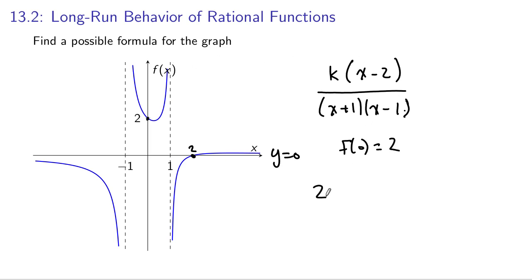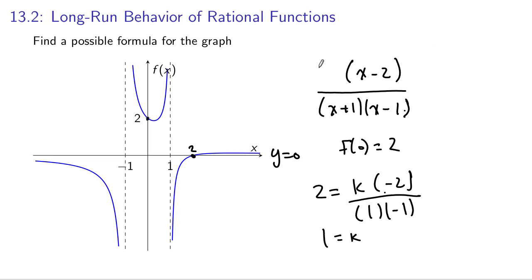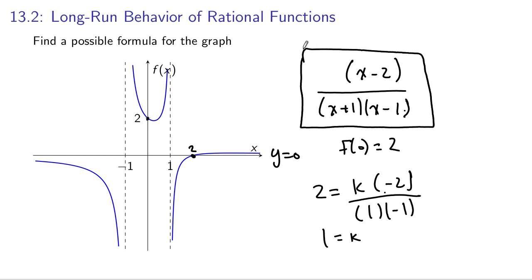So we know that 2 is k, x being 0, -2 over 0 plus 1 is 1, 0 minus 1 is -1. So the negatives will cancel. Dividing by 2, we'll get that k is 1 in this case. So the answer would be k is 1. We can just write our formula here, erasing k. And that's the formula for that graph.